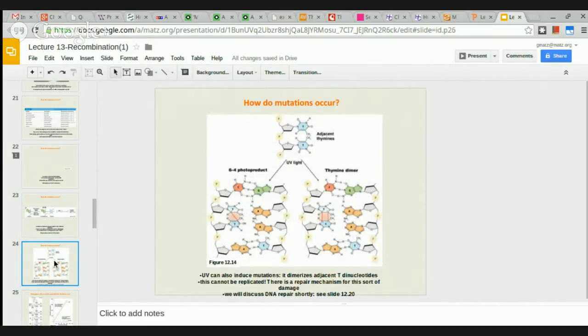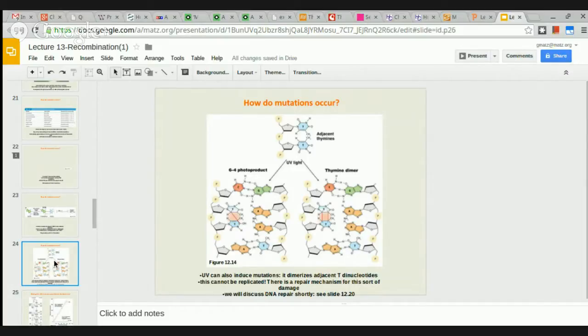UV can induce mutations. It cross-links adjacent T bases in the DNA. It generates thymidine dimers in 2 different ways shown here. That doesn't really matter exactly how this happens, but these are covalently linked T bases on the DNA.